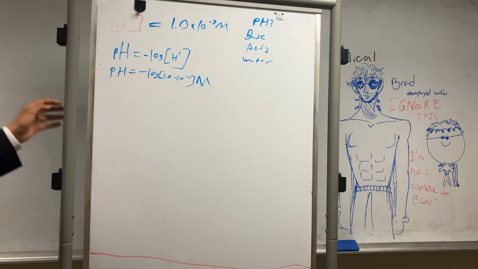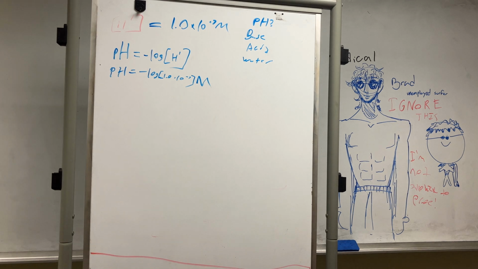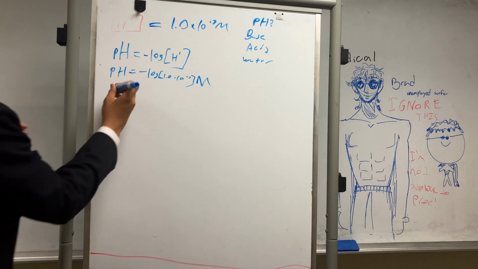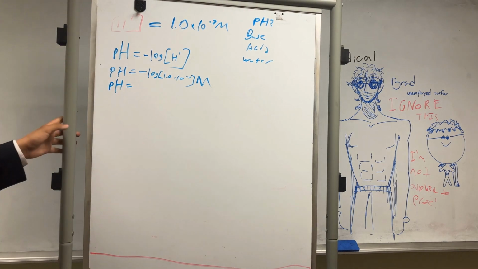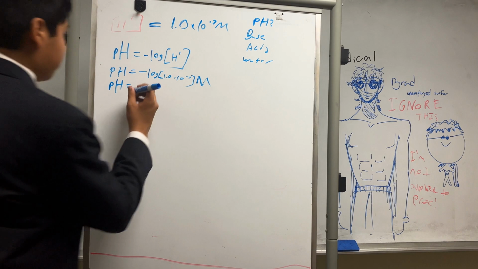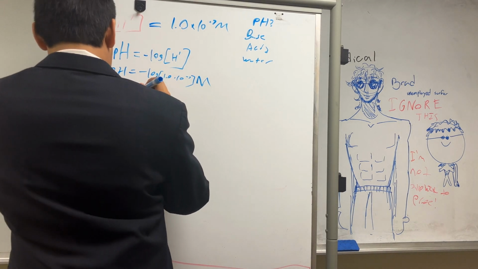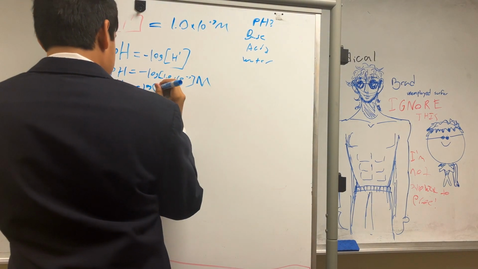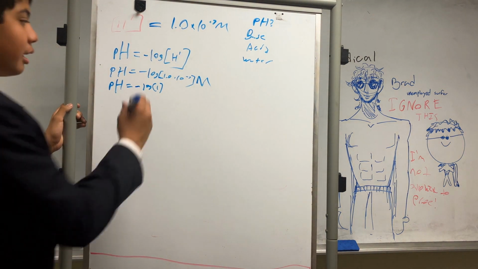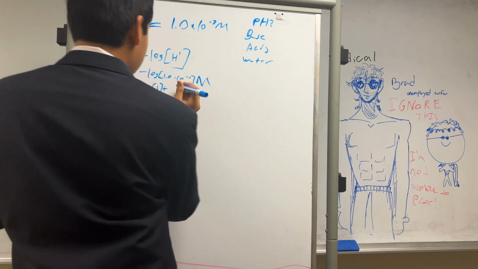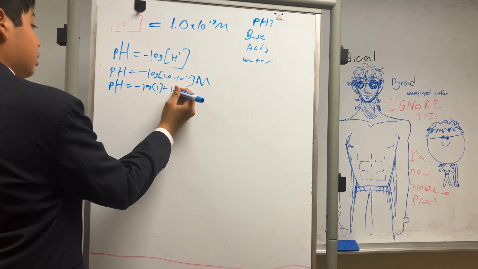So with this, pH is equal to negative log 1, and then you would add log 10 to the negative 7th.